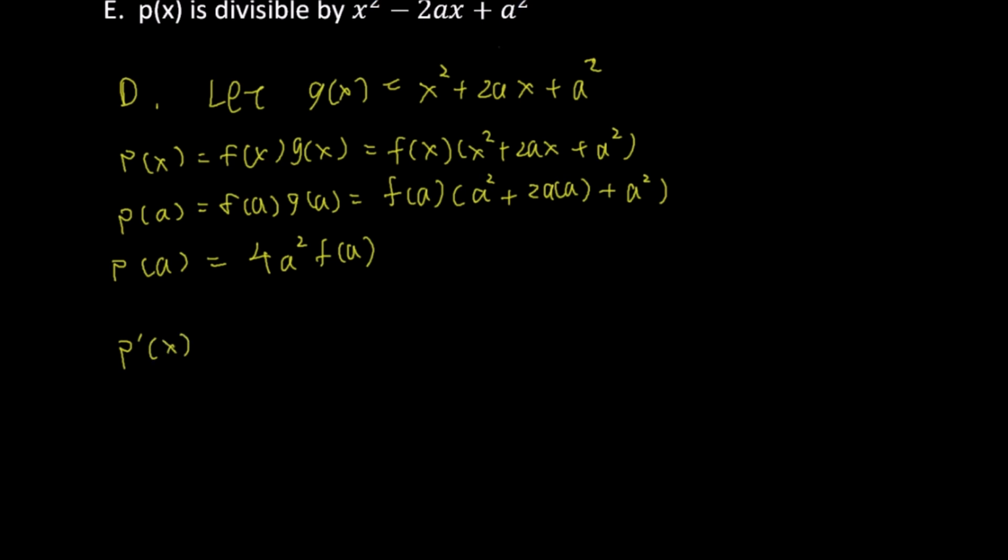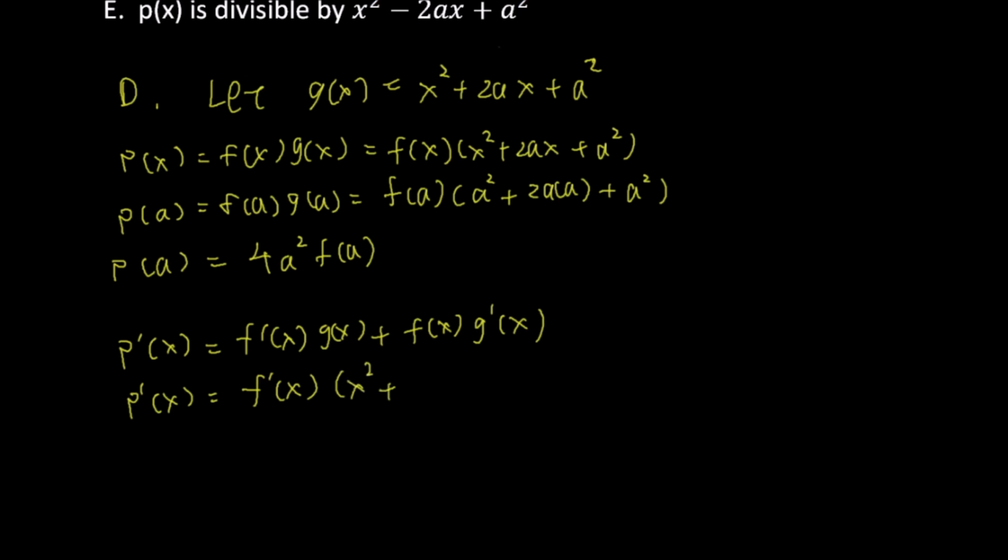So let's start with p prime(x). Take the derivative of p(x). We have f prime(x) times g(x) plus f(x) times g prime(x). p prime(x) is equal to, we don't know what f(x) is equal to, so we also don't know what f prime(x) is equal to, so we have to leave it like that. What's g(x)?